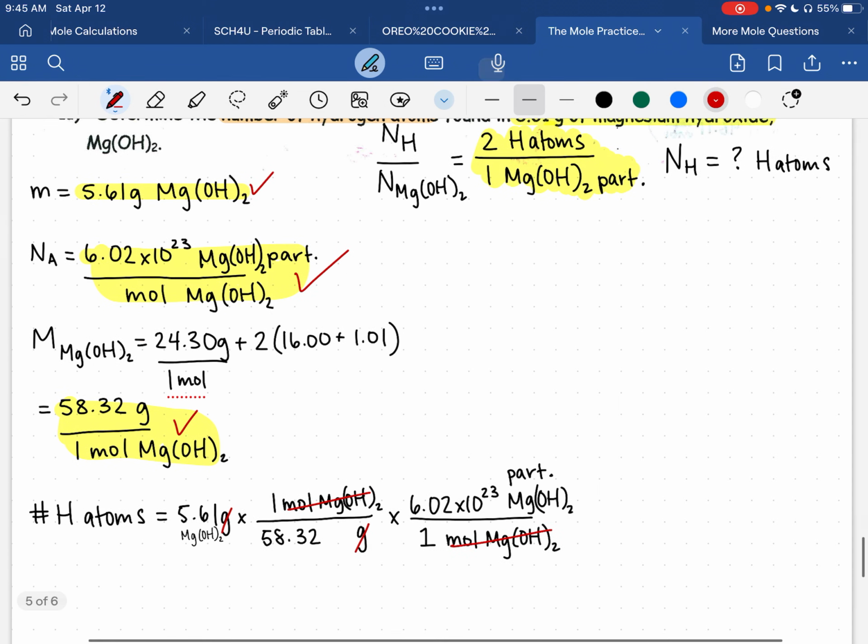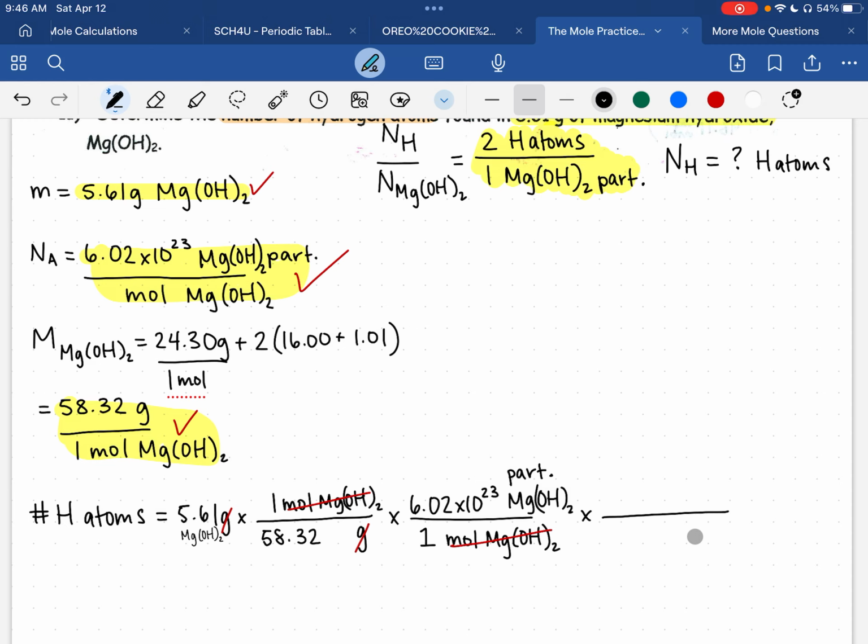Now we have this as our last conversion factor. And we have atoms in the numerator and particles in the denominator. So let's see what we need. We want particles to be in the denominator because we need it to cancel out with this particles right here. So let's write that in.